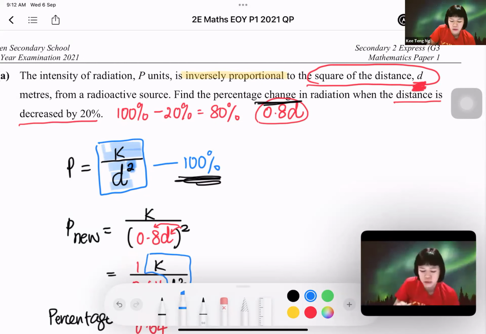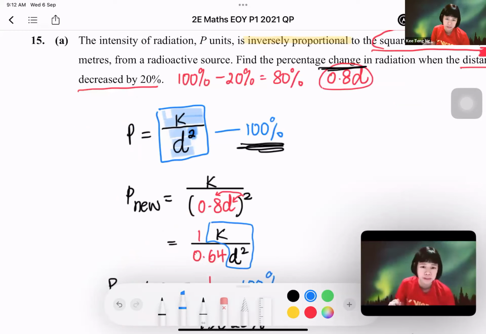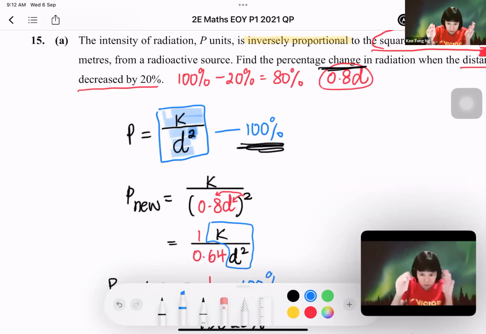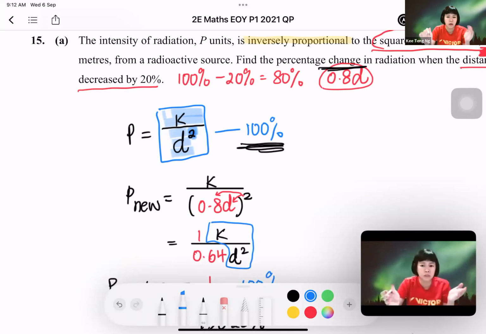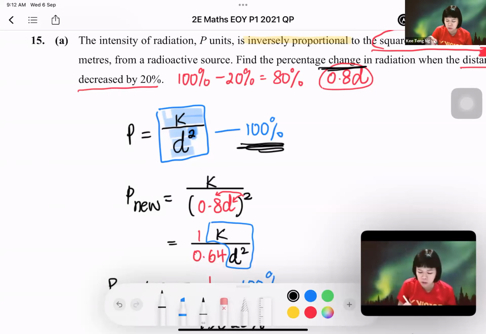Okay, so now I know that this one is my original. I'm going to plug in to find my new percentage. According to the equation, P equals K over the new value of D, whole thing squared. So I'll put a bracket to encompass the whole new value. Many students will just write 0.8 D then square.